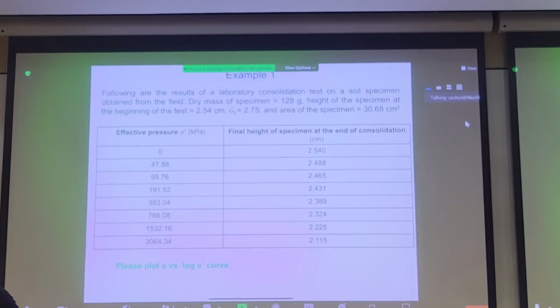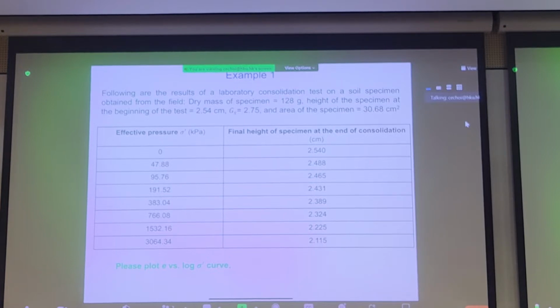So let's do that. In our first example related to consolidation, we are given odometer data, also known as a laboratory consolidation test, on the soil specimen. This soil specimen is likely intact and obtained from the field. You're given the dry mass of the specimen, the height of the specimen at the beginning of the consolidation test as 2.54 centimeters.